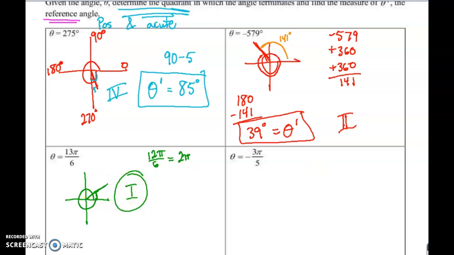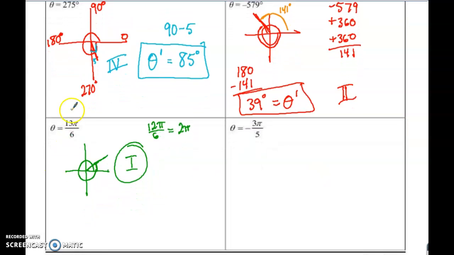And if you wanted to, you could subtract these, 13 pi over 6 minus 12 pi over 6, to figure out the reference angle. But what's really nice about radians is the reference angle is usually just pi divided by the denominator that you have.